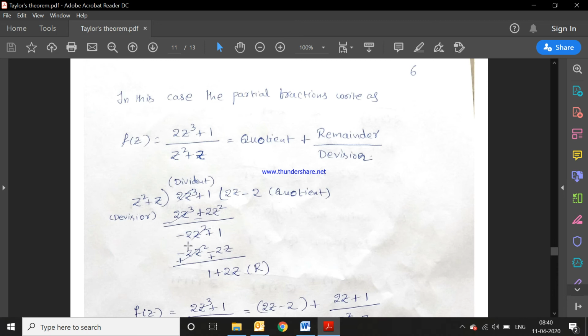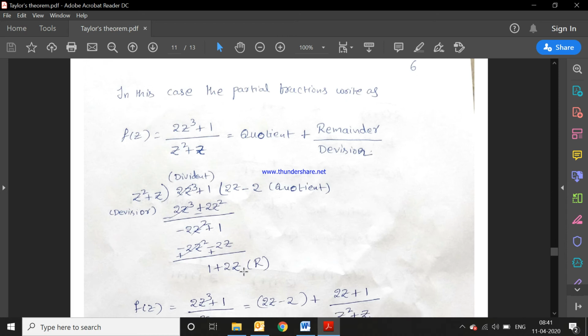Next you need to cancel minus 2z square, that is minus 2. So multiplying with minus 2, we get minus 2z square minus 2z. Subtract that, change the sign, that is plus plus. So these two values are cancelled, and we get 1 plus 2z.